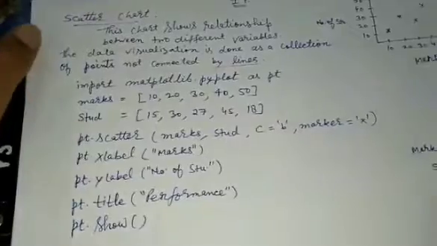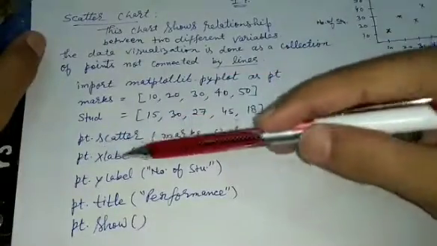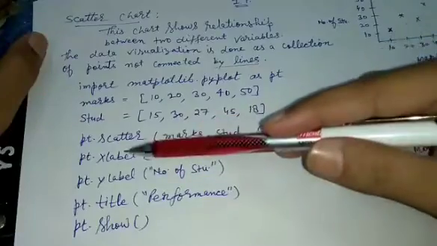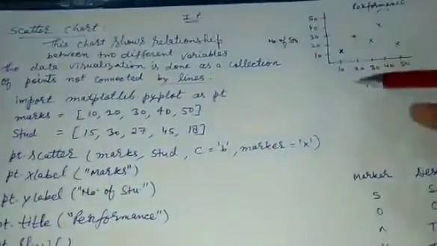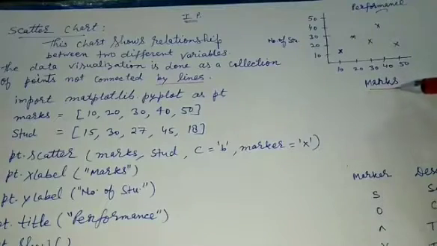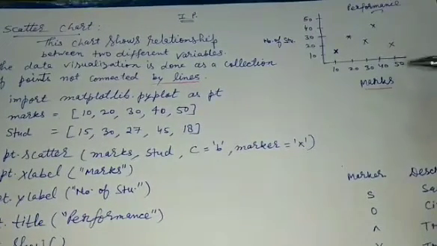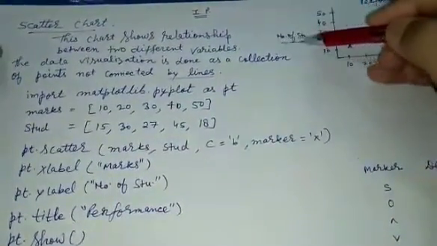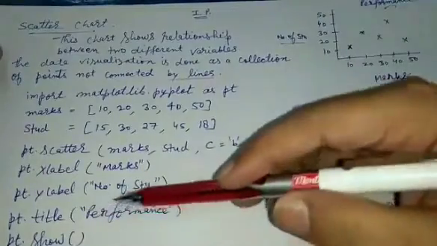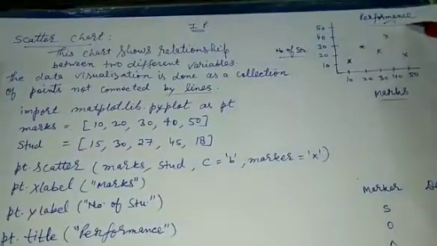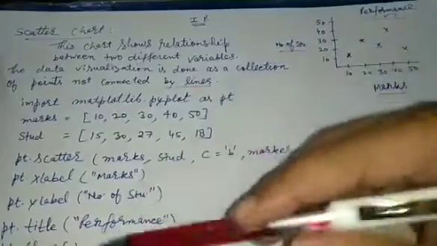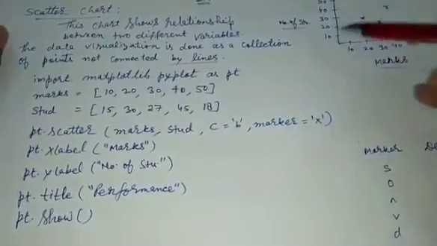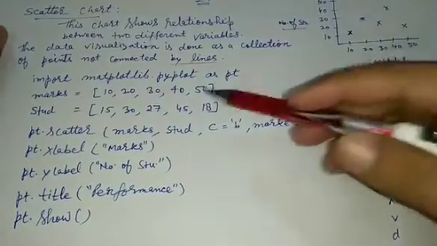So come to the point over here. pt.xlabel marks, pt.ylabel number of students. The xlabel, you know, will define the heading of the x-axis, what the x-axis is representing. Second, ylabel number of students, pt.title performance, and pt.show is the statement that will display the chart as the output of this code.